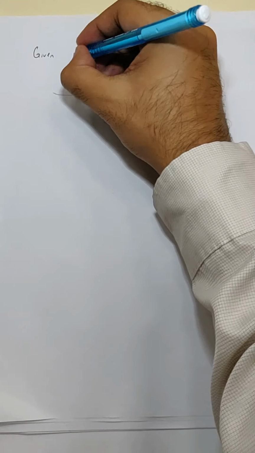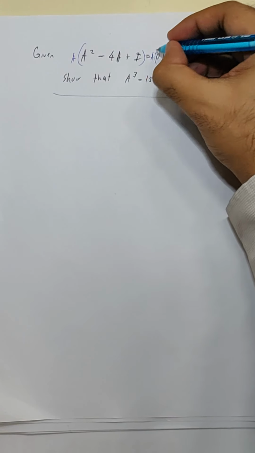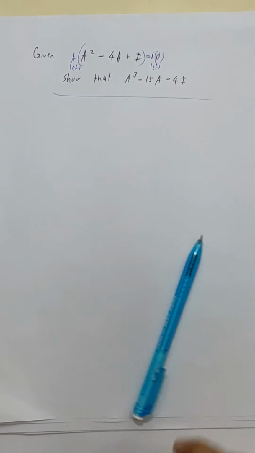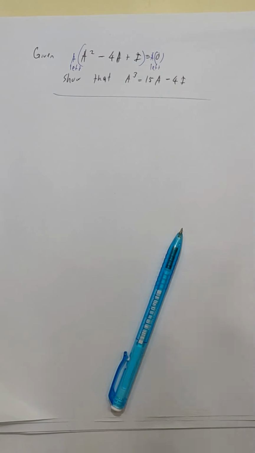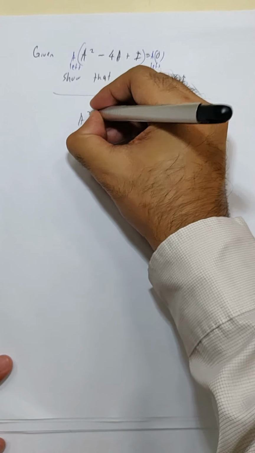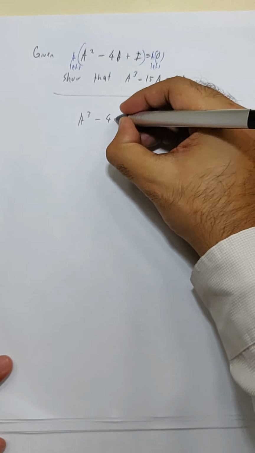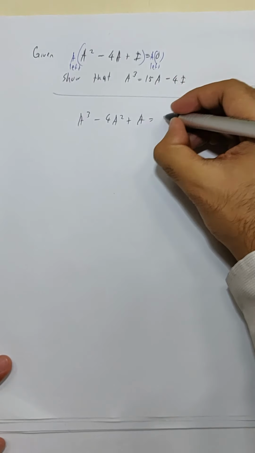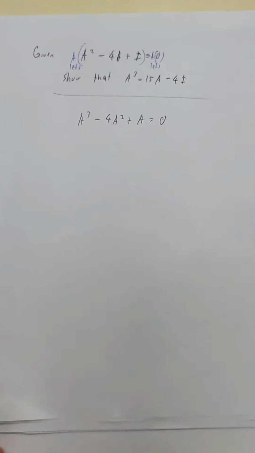So if you multiply this on the left, A, we put this on the left. Remember, arrangement matters. So what will we get? A cubed minus 4A squared plus A equals to 0.